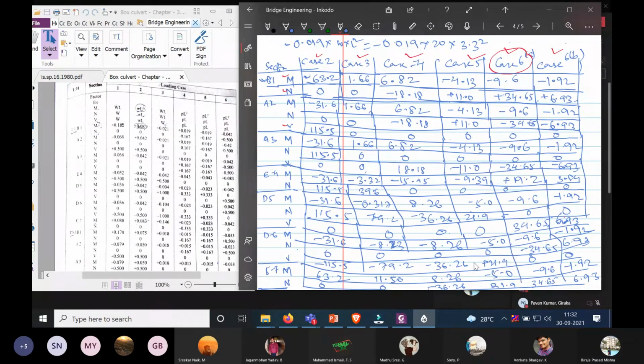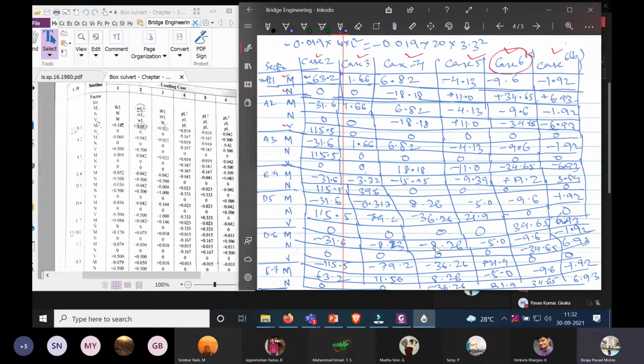Okay, so these are the corresponding values of moments, thrust and shear forces at different sections.